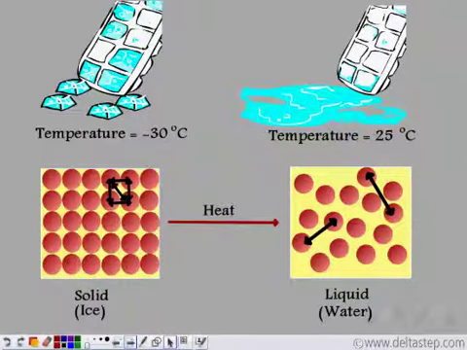They start vibrating with a greater speed. As they move with a greater speed, they move away from each other. This increases the interparticle space between them. As the interparticle or intermolecular space increases, the intermolecular force decreases. Therefore, they overcome the force of attraction, and so the solid form changes into the liquid state. And this is how melting takes place.